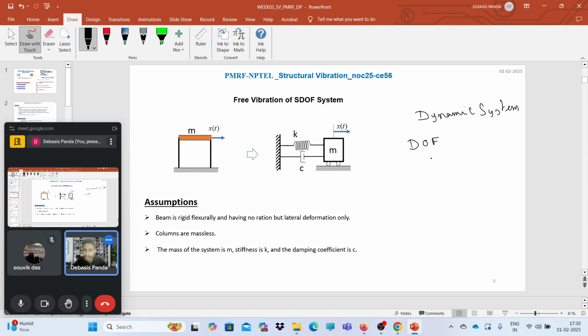As we formulated the equation of motion for a single degree of freedom system in the last class, broadly the vibration system can be categorized into two parts.